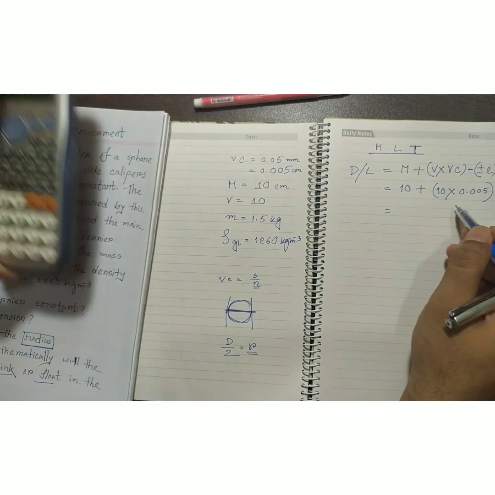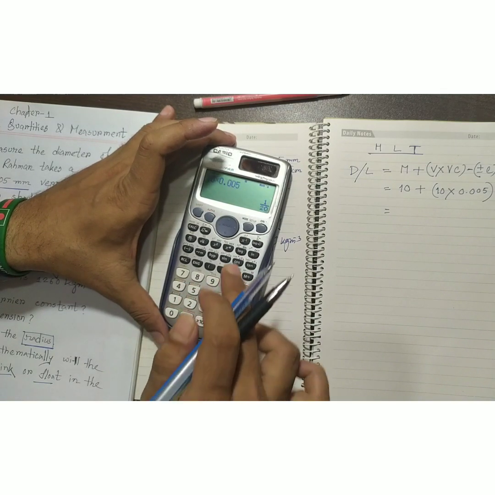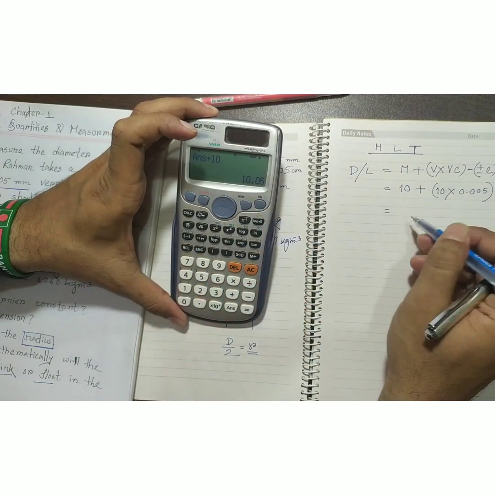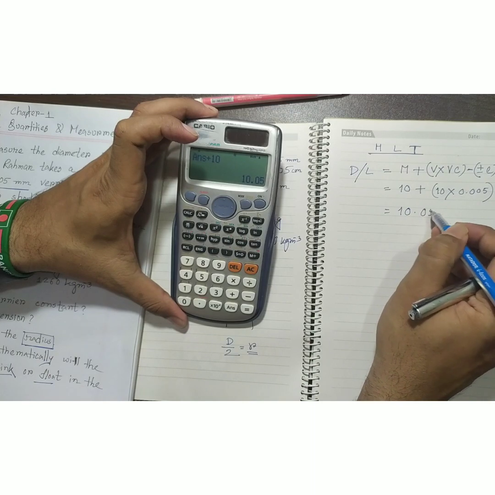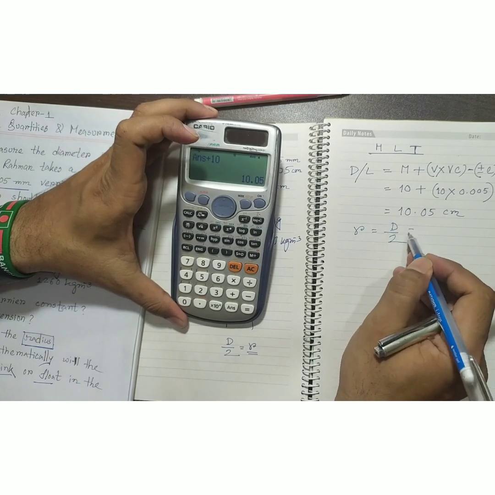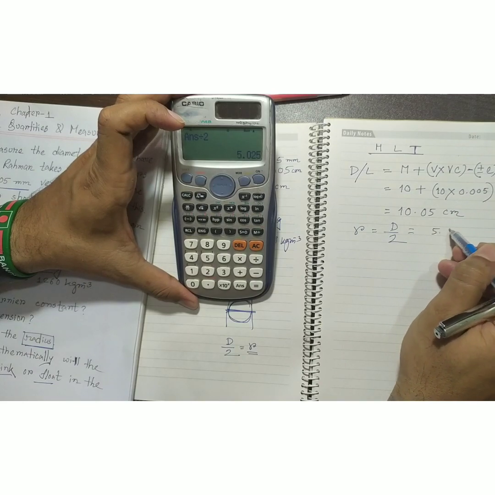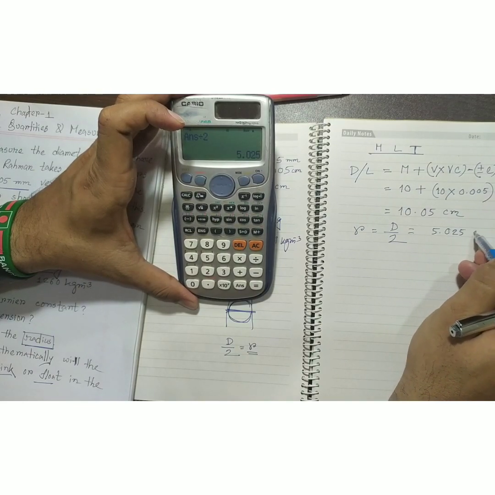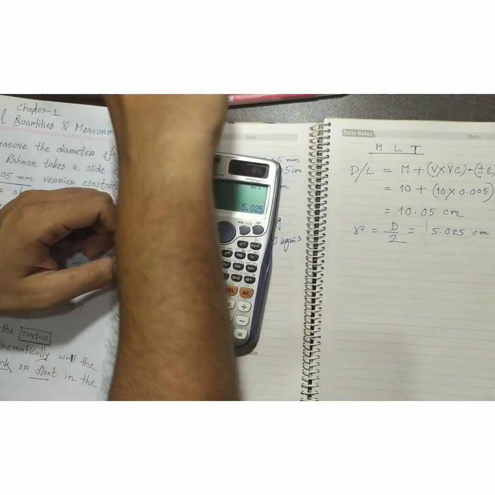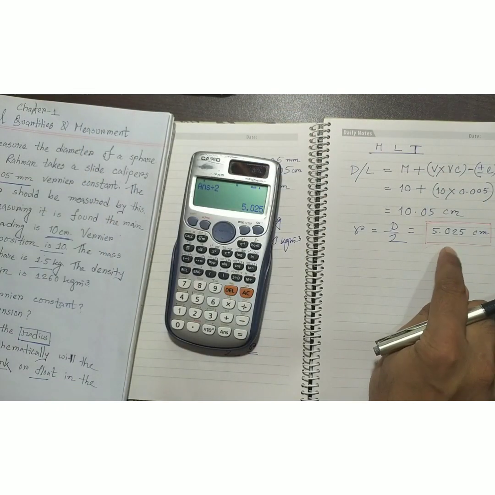So 10 times 0.005 plus 10 would be 10.05, so that would be 10.05 centimeters. So you got the D. Now the radius is D divided by 2. If I divide it by 2, we'll have the radius 5.025 centimeter. This is the radius of the sphere that was asked.